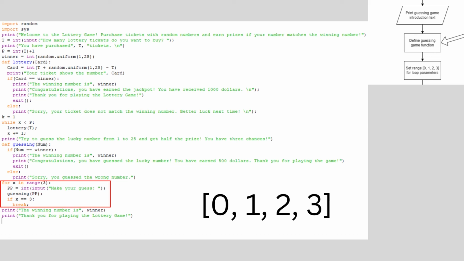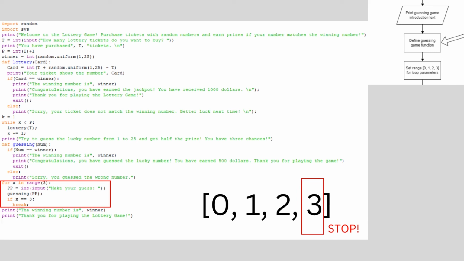In this case, the program will read one by one from 0 to 3 each time the commands below the for loop is run. Skipping 2 lines and moving on, we find that the parameters of the loop is given. So if the program has read the number 3 in the range of 0 to 3, the loop will stop. So to visualize, it will go from 0, 1, 2, and stop, giving us exactly 3 chances to run this code.